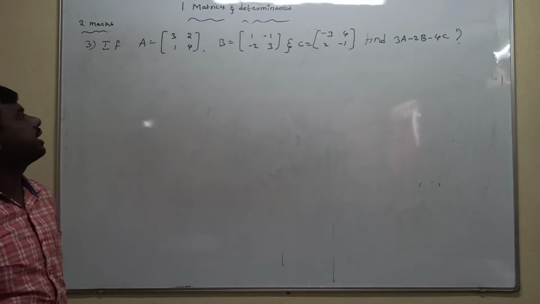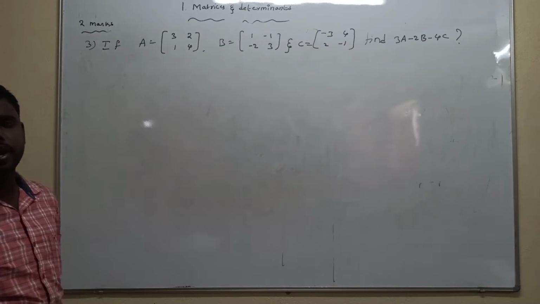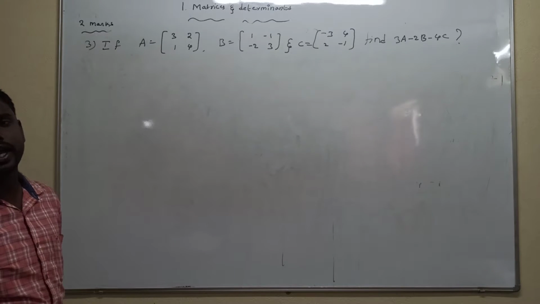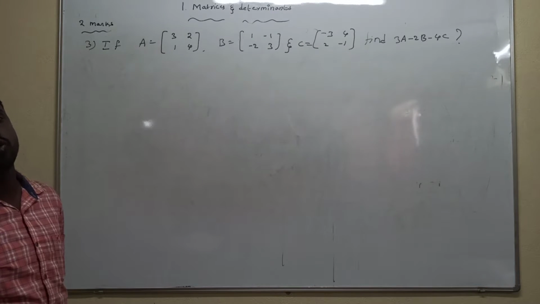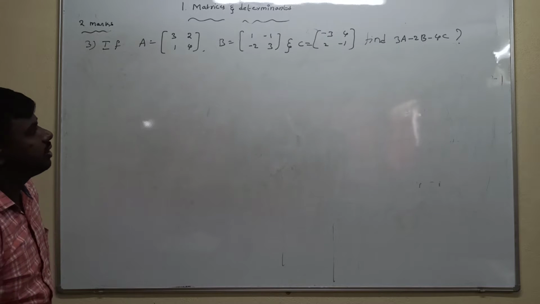In the given question, A matrix, B matrix and C matrix are given. We need to calculate 3A minus 2B minus 4C. We know how to add two, but here 3 matrices are given. How to add 3 matrices? You can listen carefully.